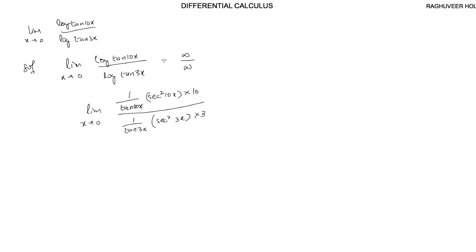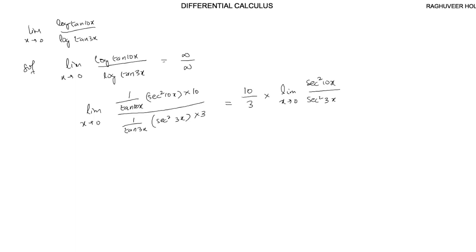This divides by 1 by tan 3x, and this is secant square 3x multiplied by 3. Okay, so we separate it now. 10 by 3, which is constant, multiplied by the limit.